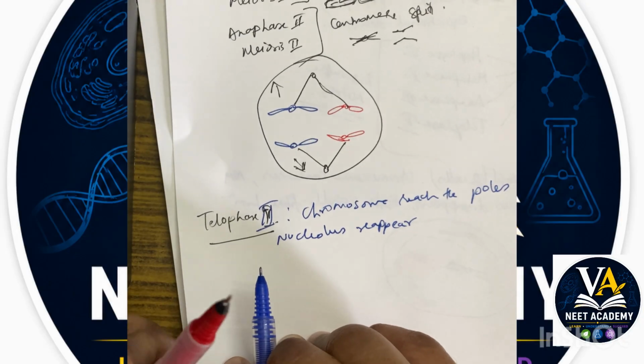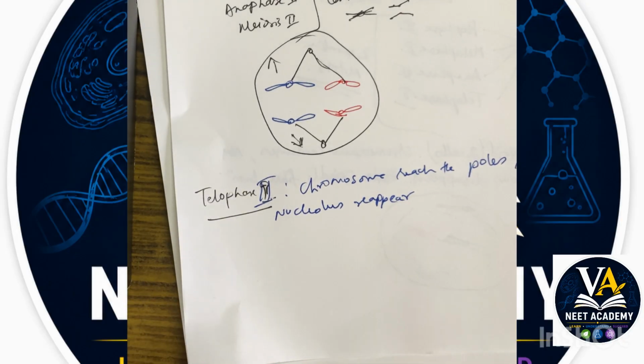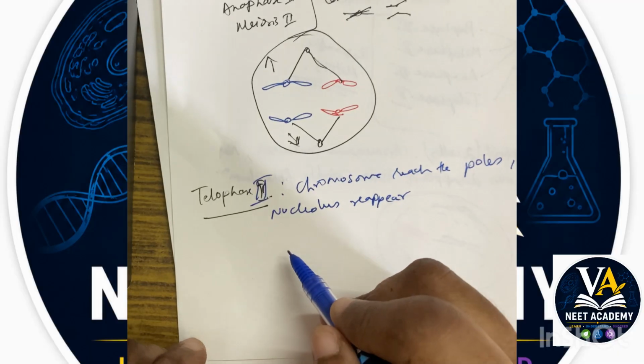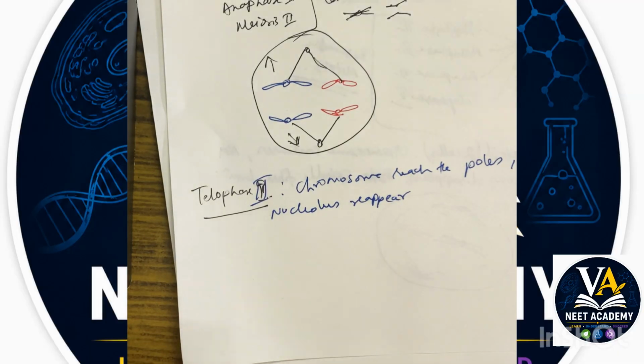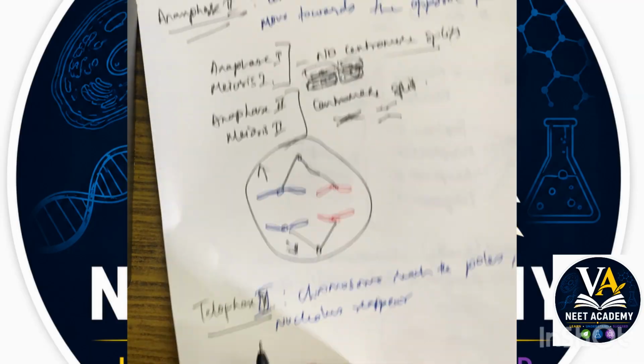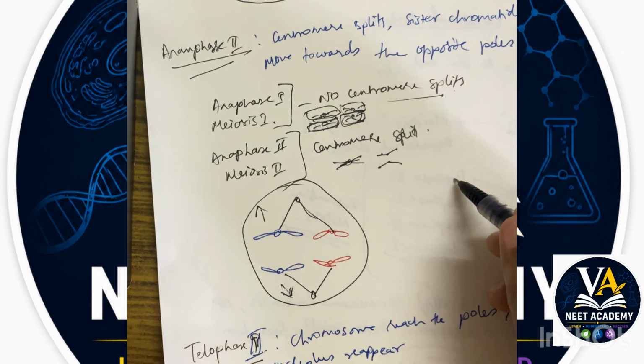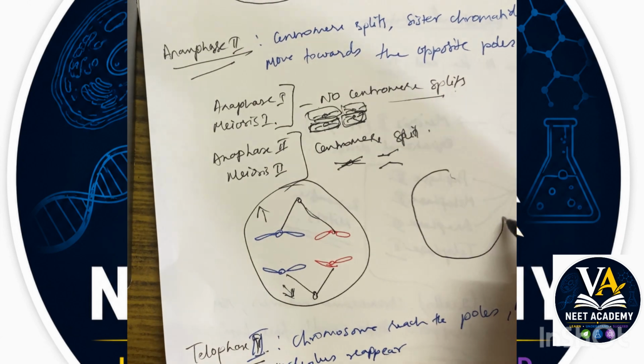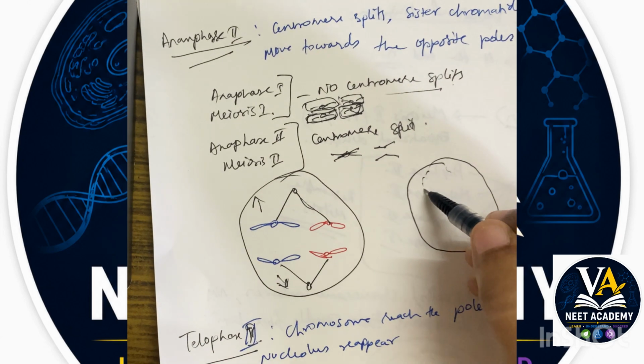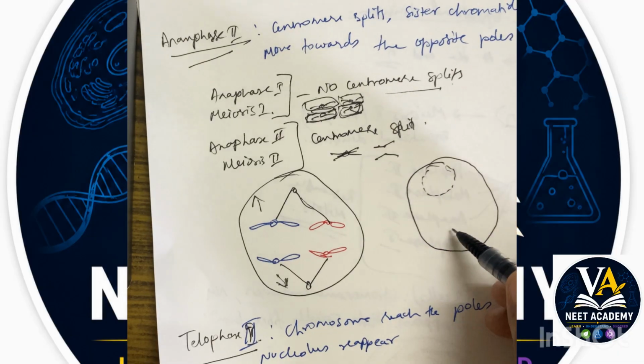If you draw the diagram, you will see the cell membrane is there. The nuclear membrane has reappeared. Around where does it reappear?